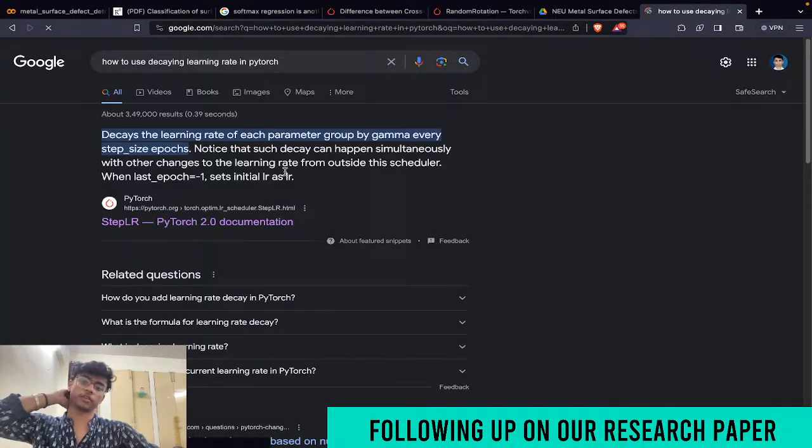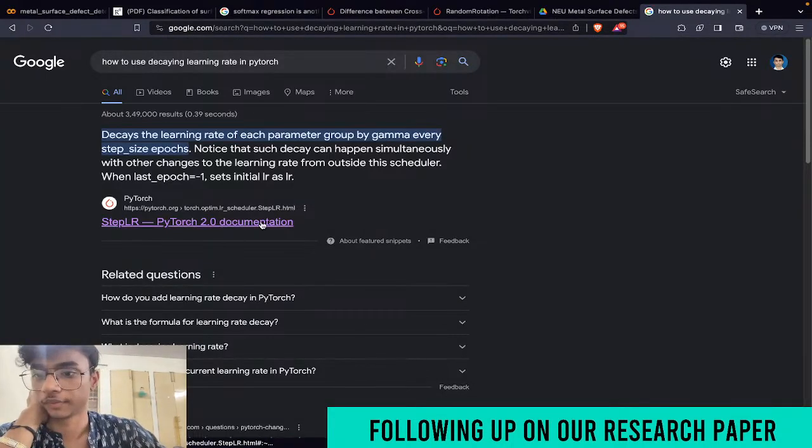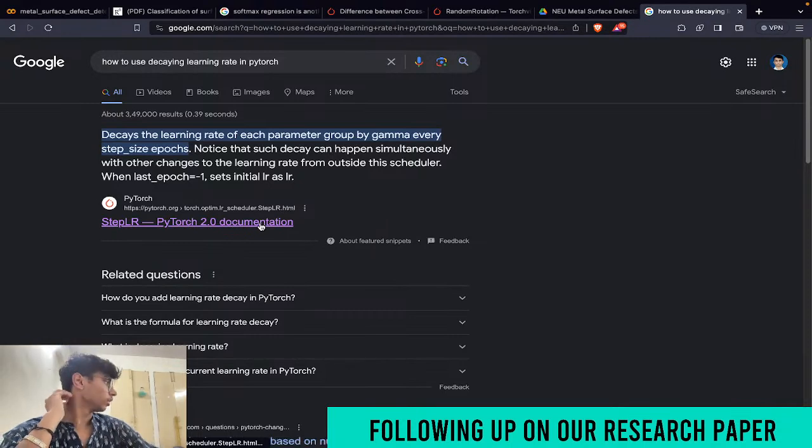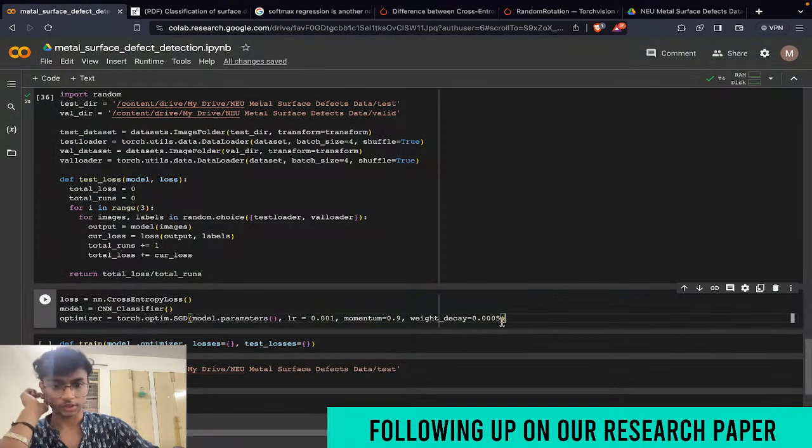I guess I'll have to manually define the optimizer each time. That works fine. Right. Okay. So what we'll do is we'll change the optimizer in the for loop itself.